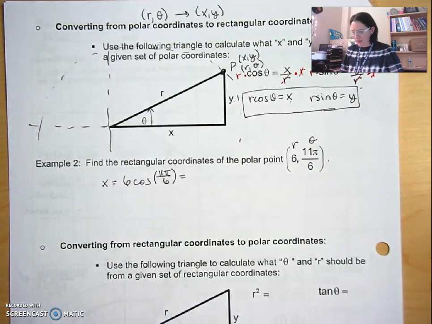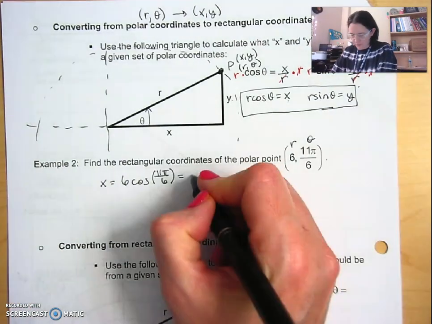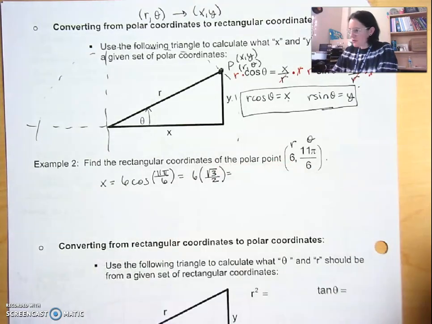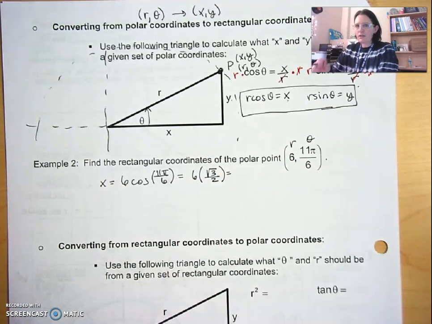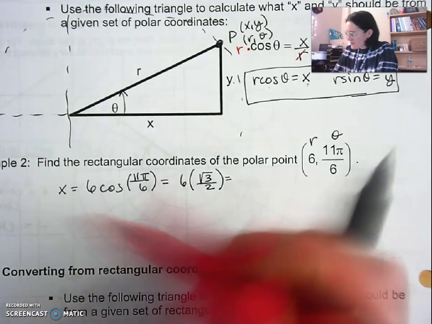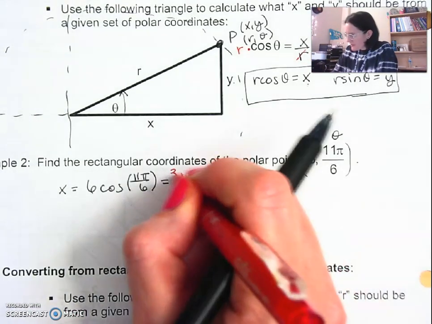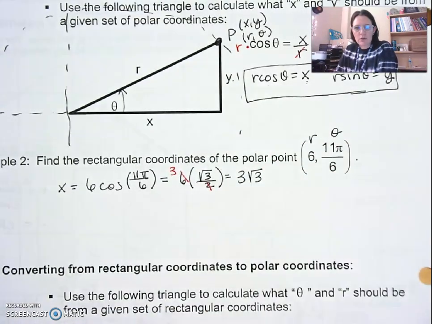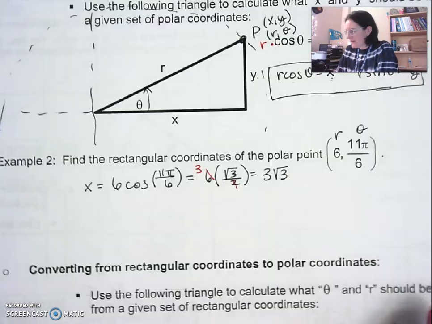Take a minute, pause the video, go to your unit circle to figure out cosine of 11 pi over 6. It is square root of 3 over 2. So the 6 over 2 simplifies to 3, giving me 3 root 3. There's my x coordinate in the rectangular system.